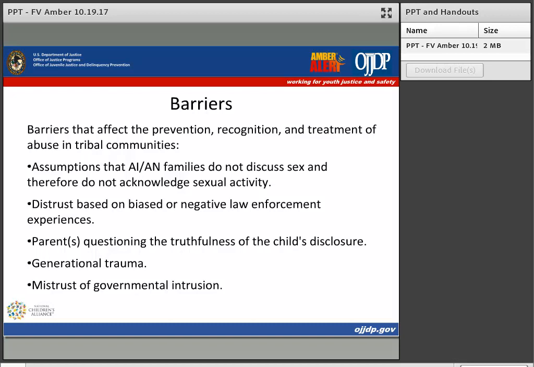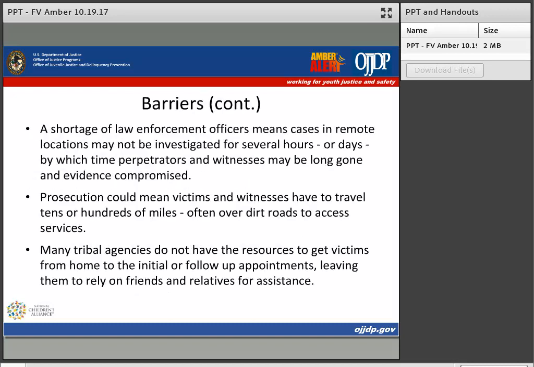I was in a meeting yesterday where the whole discussion was, how do you reintegrate a victim of abuse or exploitation into a small tribal community, when everybody knows what has happened and the shame that child experiences. And then you're obviously going to be facing mistrust of the government and intrusion into local affairs. Tribes are traditionally understaffed, some by as much as 50% understaffed.